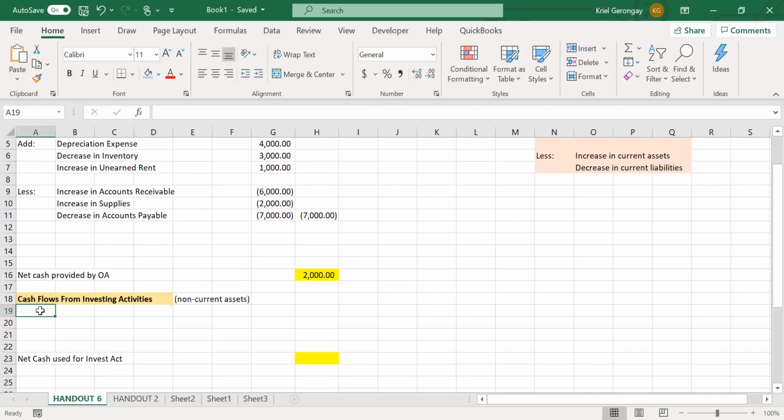That means you purchased new equipment, right? Since you use cash for that, we're assuming we use cash for this transaction, so we have to put it here in the investing activity. So payment of equipment, which is 6,000.